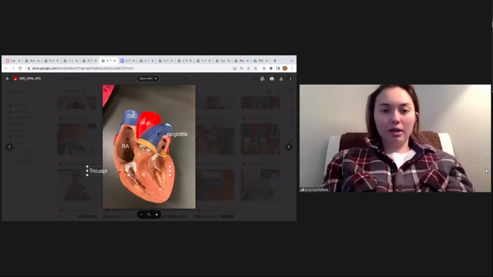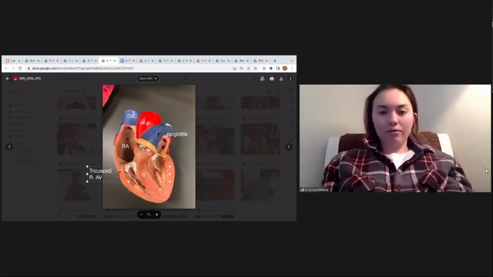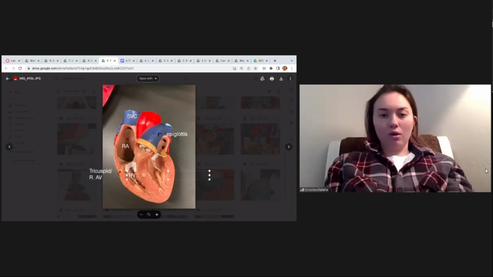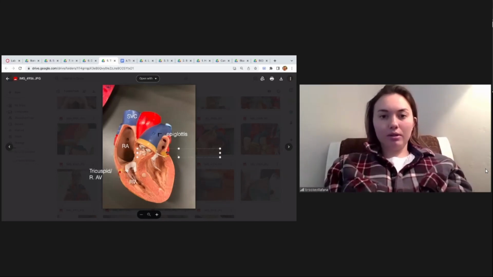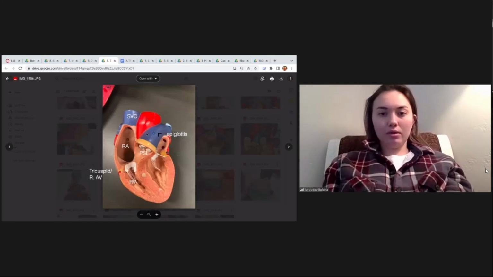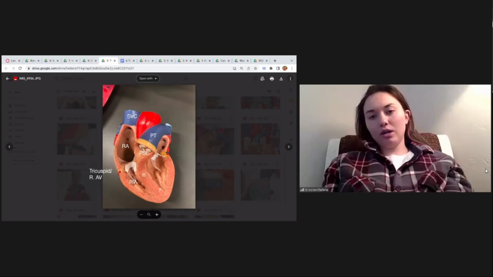So our tricuspid is also our right AV valve. Flows into our right ventricle, out of our pulmonary semilunar valve, into our pulmonary trunk here, okay? And that flows back into the left atria, which is just visible right here.